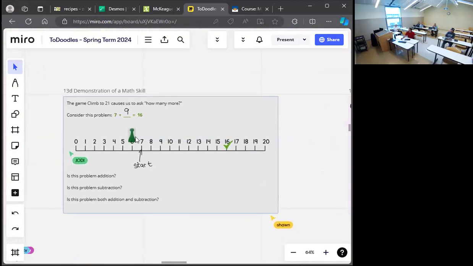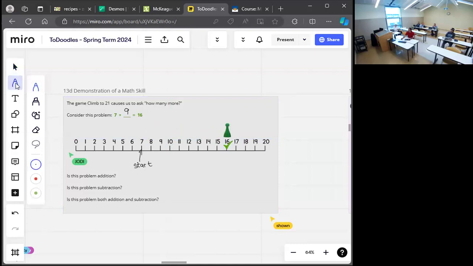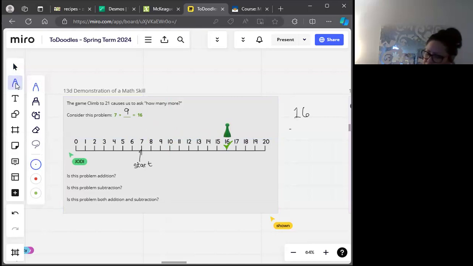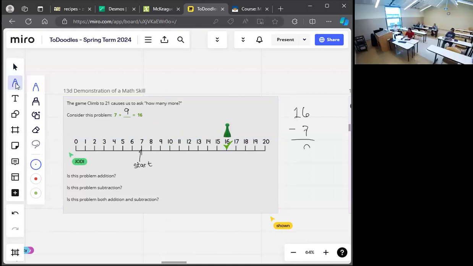So when we started at 7 and wondered how many more to get up to 16, we could either start at 7 and count on our fingers: 1, 2, 3, 4, 5, 6, 7, 8, 9. Or we could write it out as a subtraction problem: 16 minus the 7 we started with, there's 9 more we need.